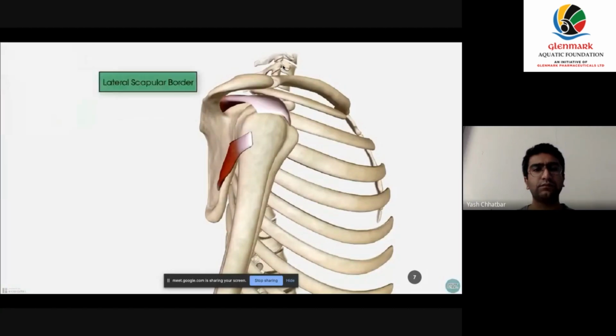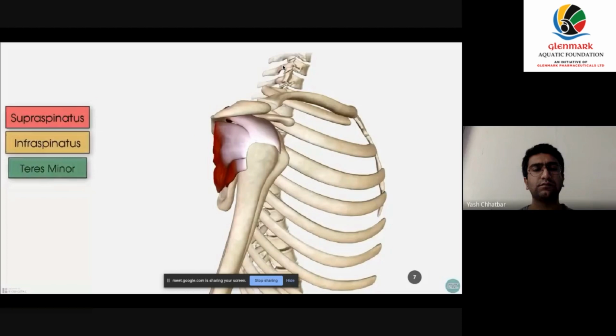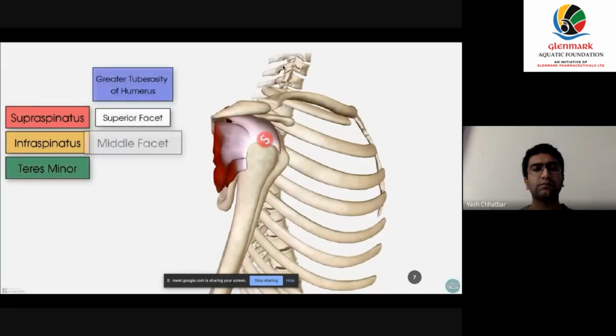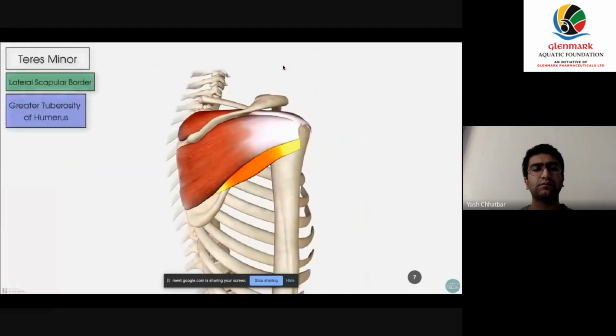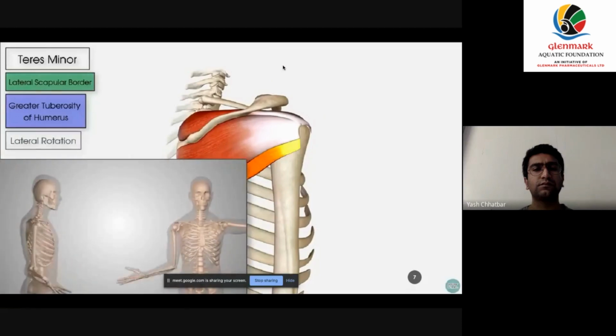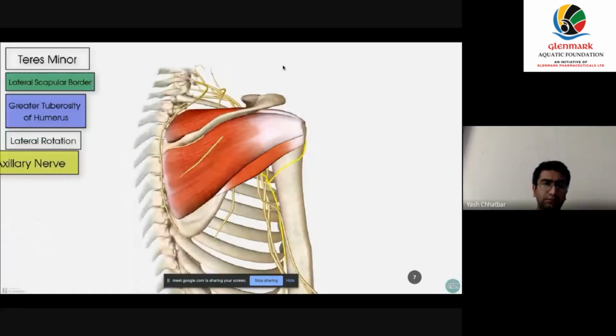So just to recap, we've looked at 3 rotator cuff muscles so far: the supraspinatus, infraspinatus, and teres minor, which all insert onto the greater tuberosity on the superior, middle, and inferior facets respectively. In isolation, the teres minor muscle performs external or lateral rotation of the humerus. The nerve supply to the teres minor muscle is derived from the axillary nerve.